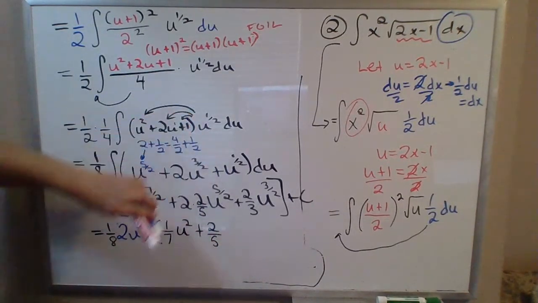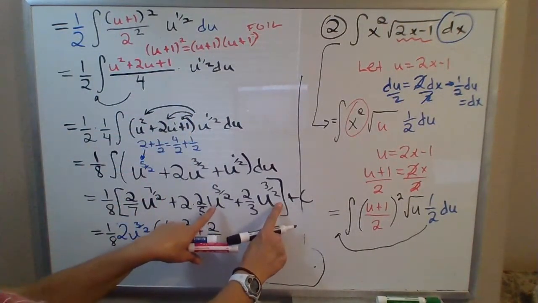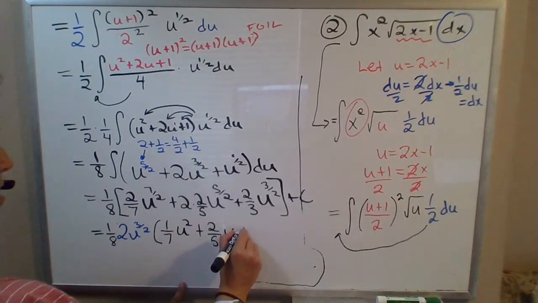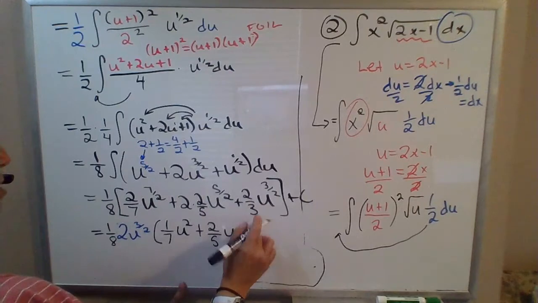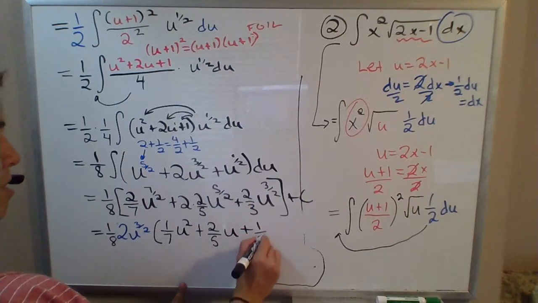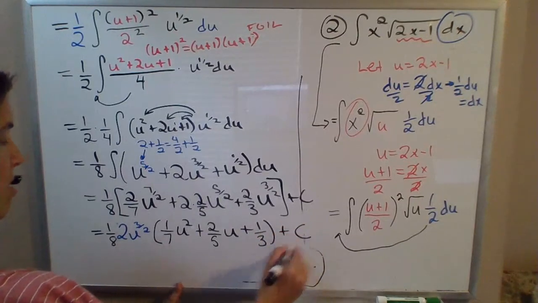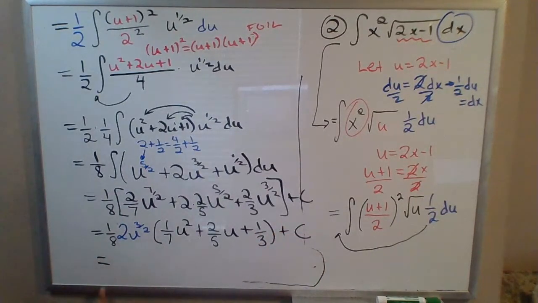If we factored out u to the 3/2, then you're left with u to the 2/2, which is just u to the first. And then this last part, we factored out 2, so you're left with 1/3. U to the 3/2 was factored out. Plus c. All right, so final answer, 2 over 8, which is 1/4, times u to the 3/2.